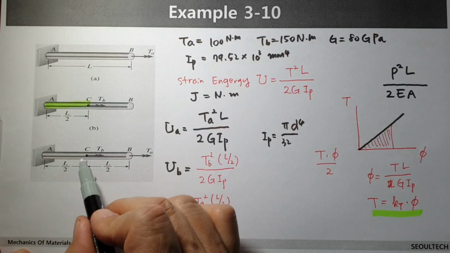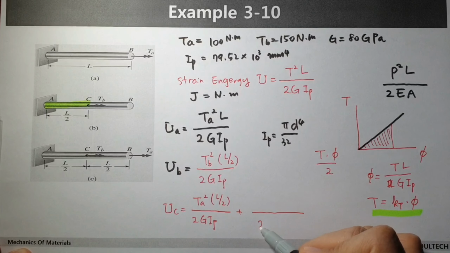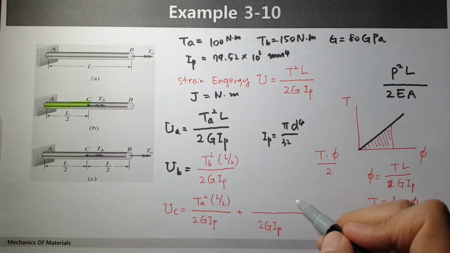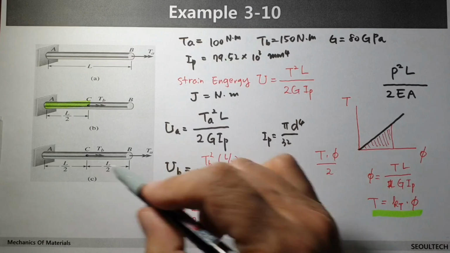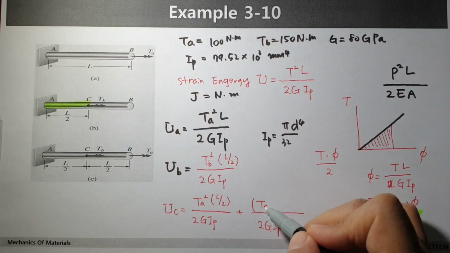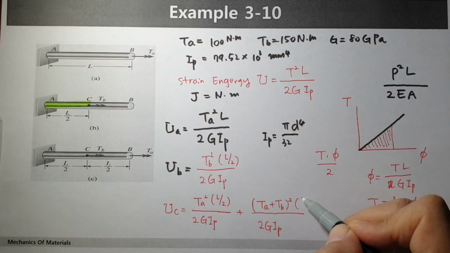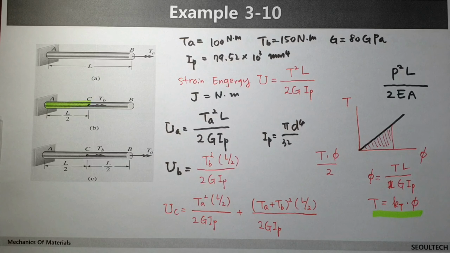And when you consider the left side, plus TA plus TB squared with length L over 2 over 2 GIP. This is the stored strain energy.